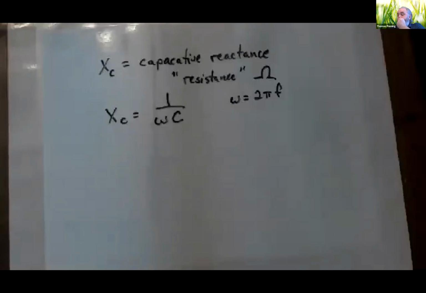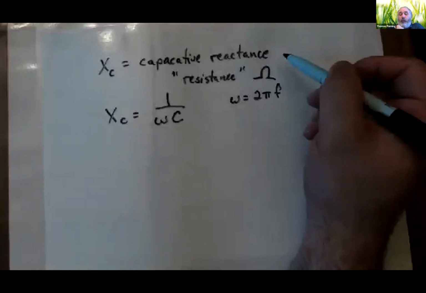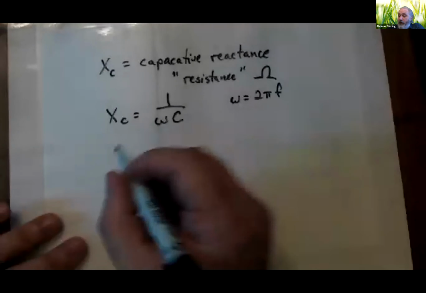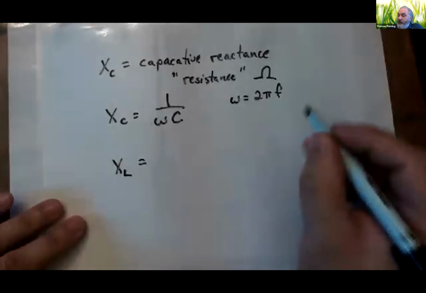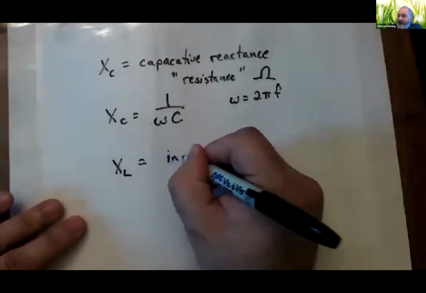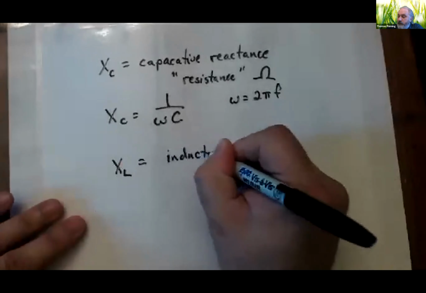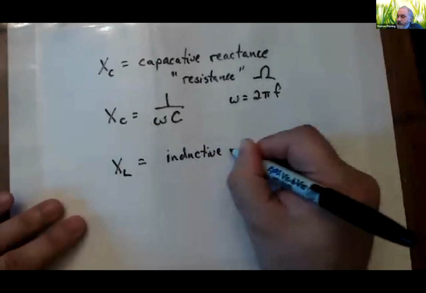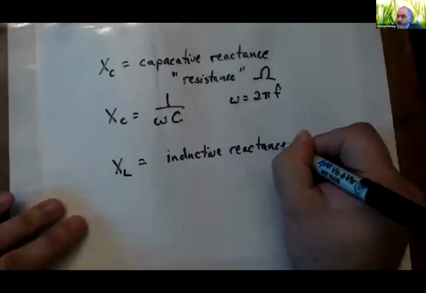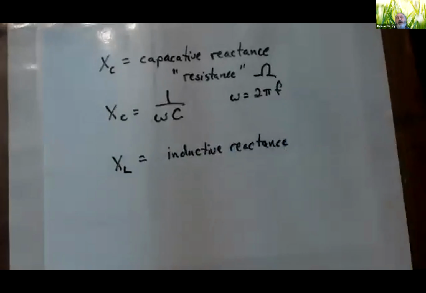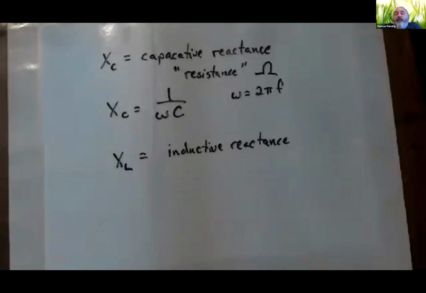Now, if we could do this with capacitance, we could do this with inductance as well. So we're going to invent XL, which is going to be the inductive reactance. And the inductive reactance is going to be more of the same, right? The inductive reactance is going to be like the effective resistance of an inductor.